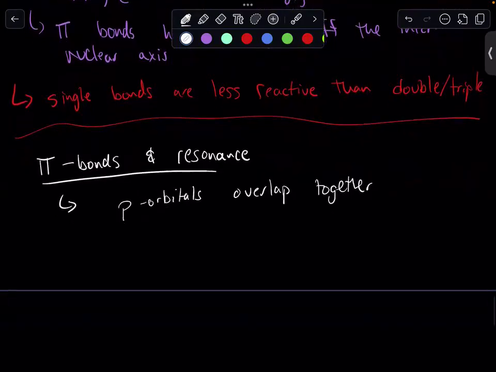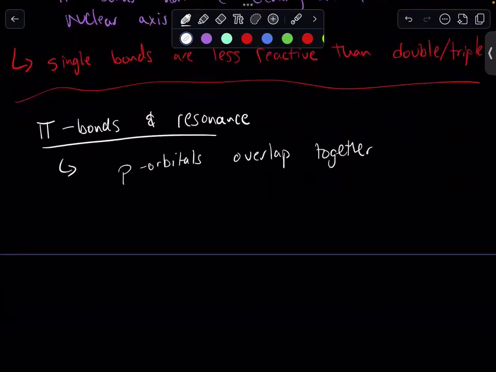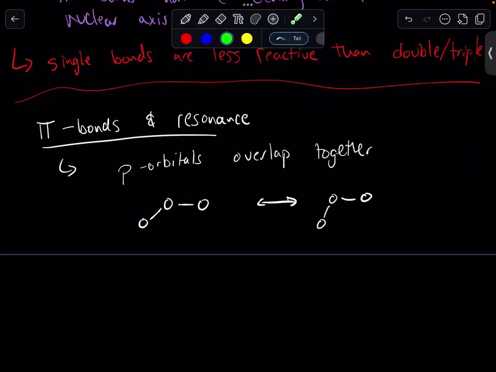But first, we'll just talk about ozone because that's always my favorite for resonance. If we look at our structure for ozone, and I'm just going to be drawing skeletal structures, and we have resonance, we know that the single bonds or the double bonds can switch between here and here.